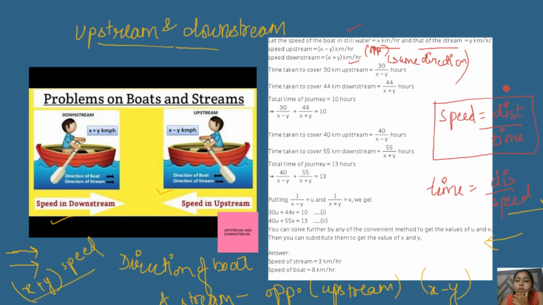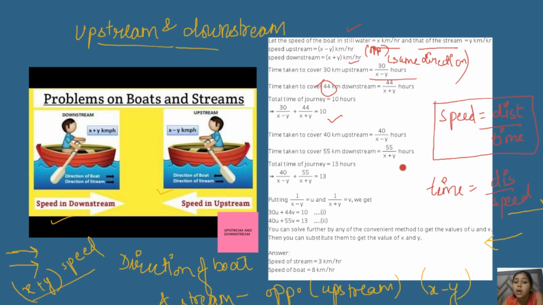Similarly for downstream the distance is 44, so it is 44 upon x plus y hours, and it is given in the question that the total time is 10 hours. So we will add both the times and set them equal to 10. This question can be solved by any of the methods: substitution, elimination, or cross multiplication.